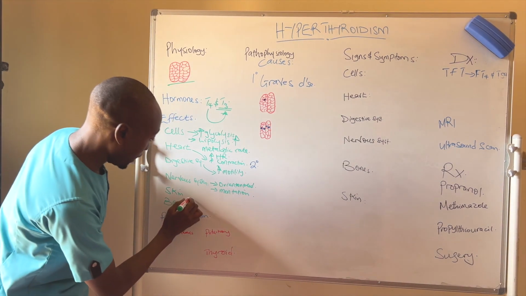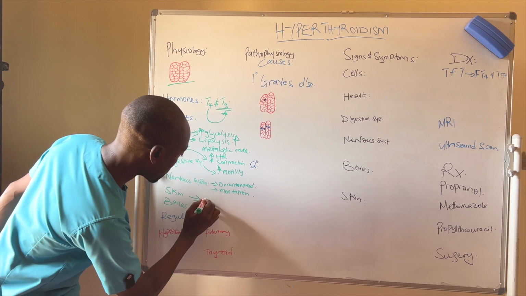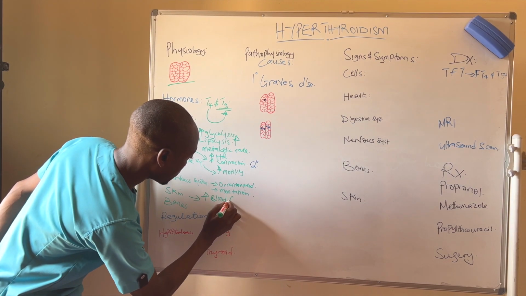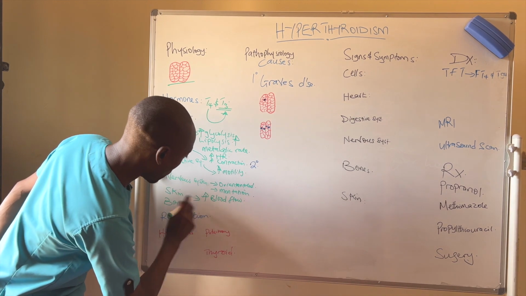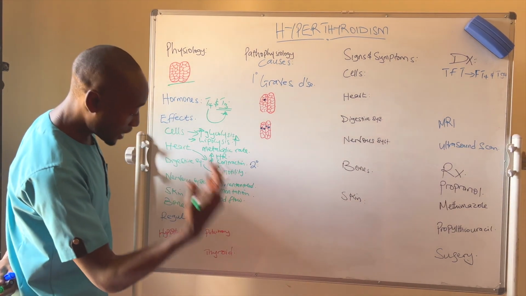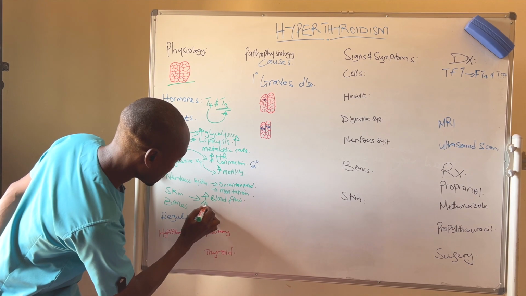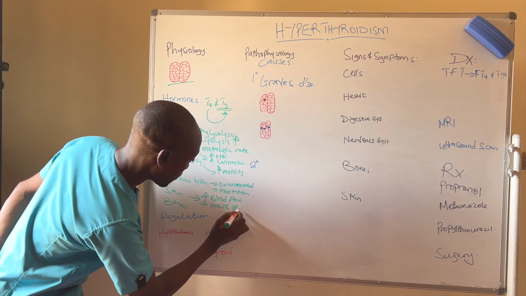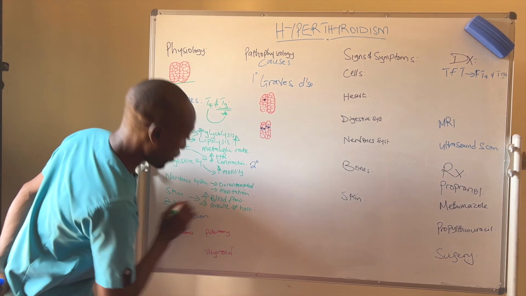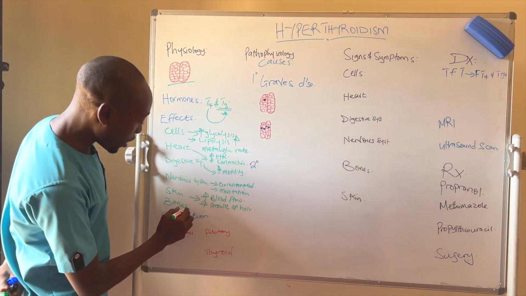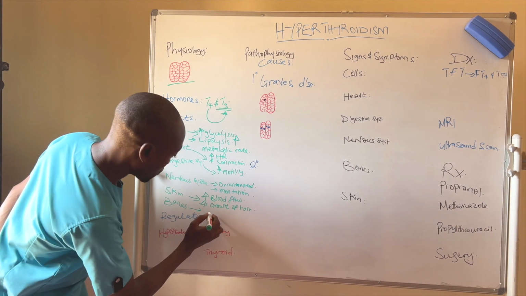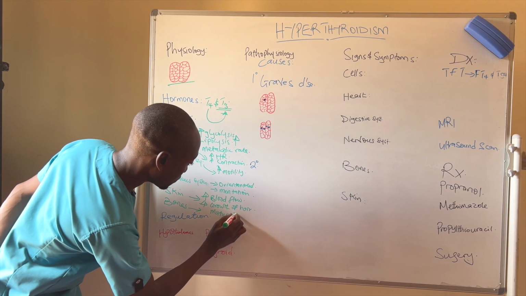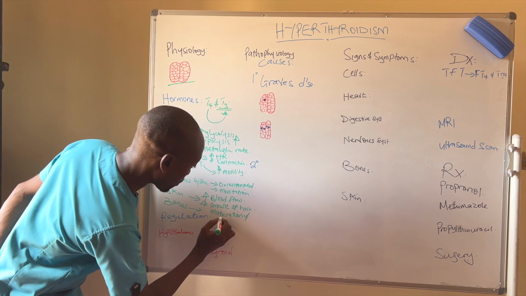On the skin, these hormones increase blood flow, and as you increase blood flow, this results in increased growth of hair. And on the bones, they are responsible for maturation and growth of the bones.